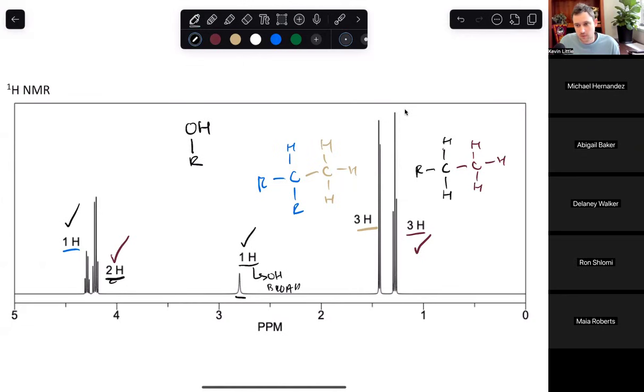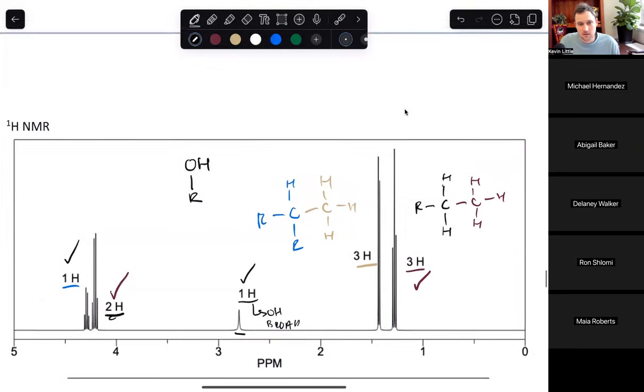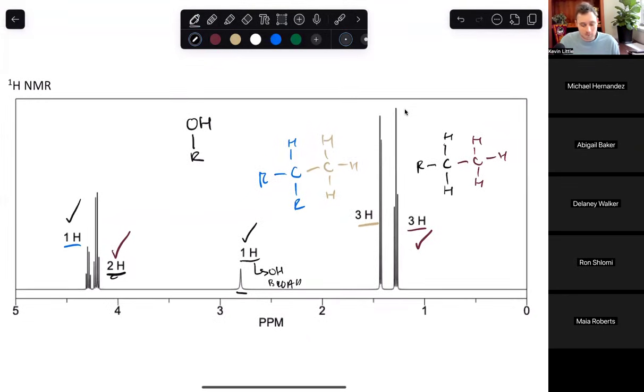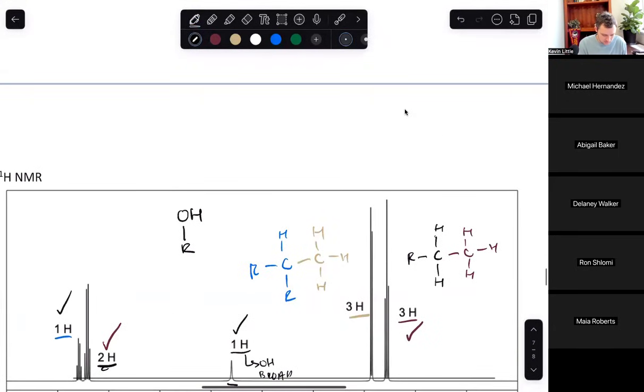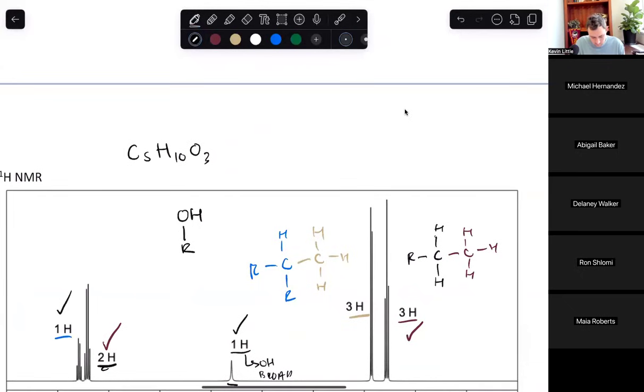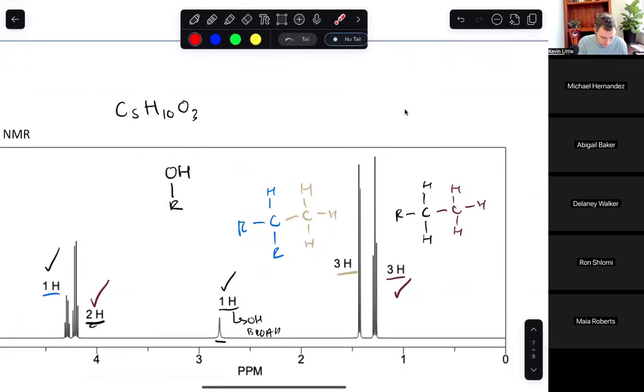So before I move on, I'm going to double check my chemical formula. C5H10O3. I have 1, 2, 3, 4 carbons, so I'm missing a carbon.